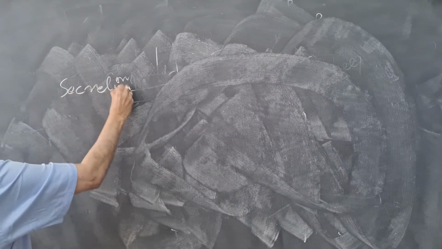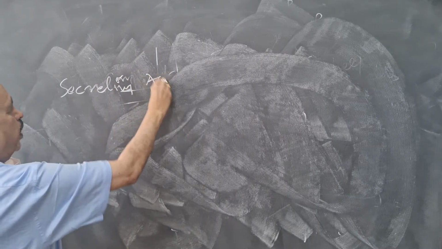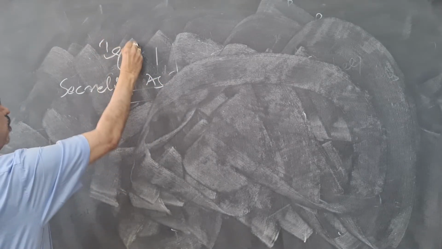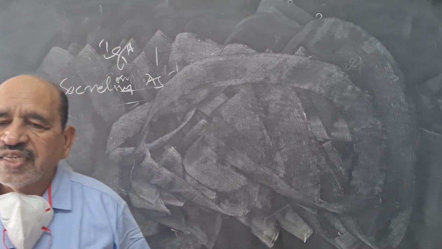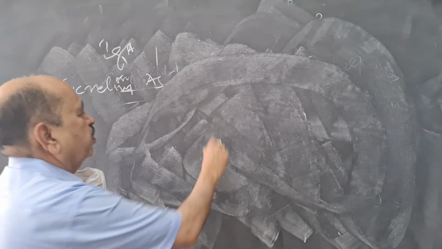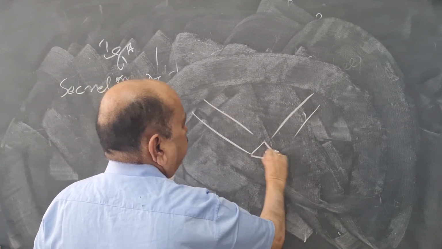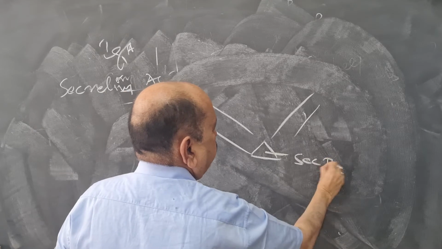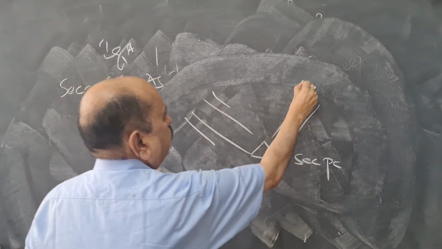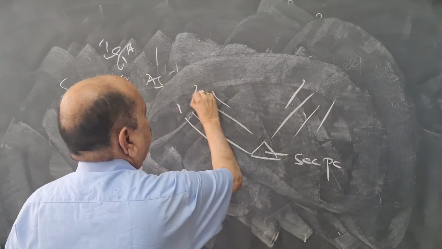It is also called the local antibody. Secretory antibody is IgA. It has two IgG-like molecules held together by a secretory piece.